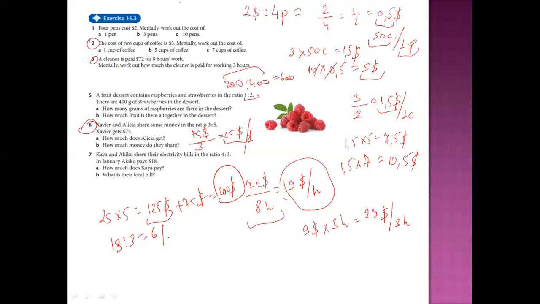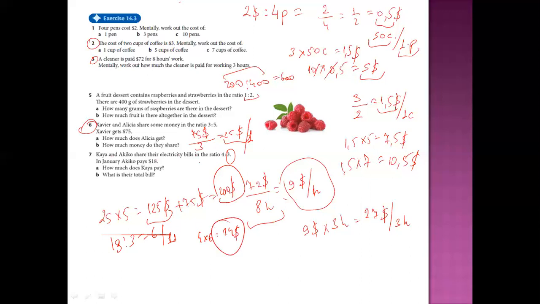So it's 1 unit. Okay, so Akiko's ratio is 3, and 3 times 6 is 18. So what about Kaya's electricity bill? That's why 4 times 6 is equal to $24.